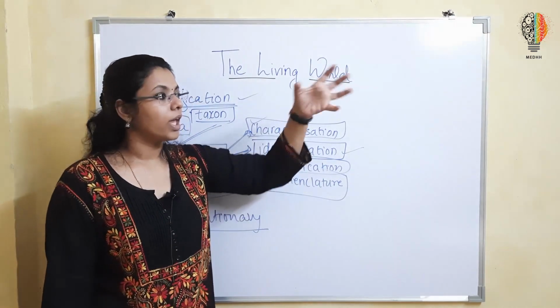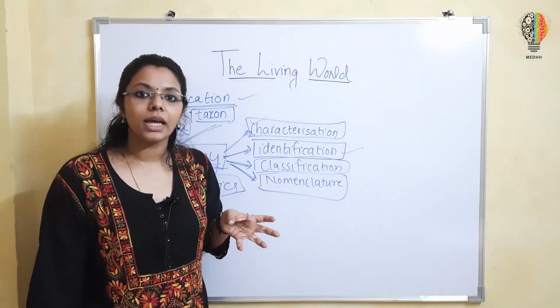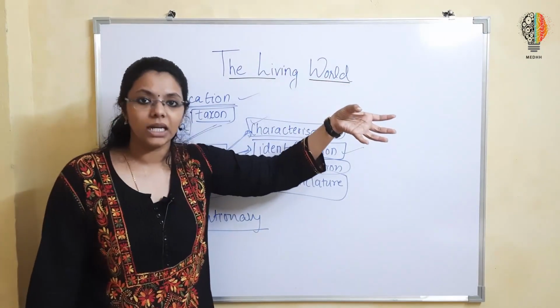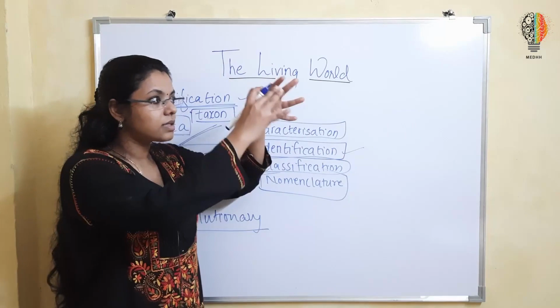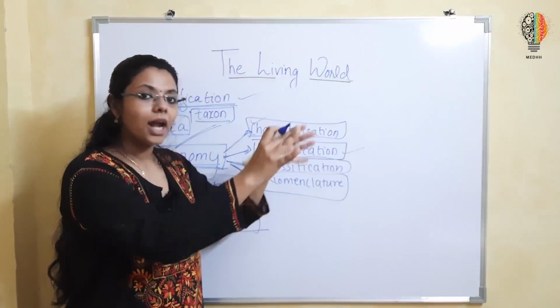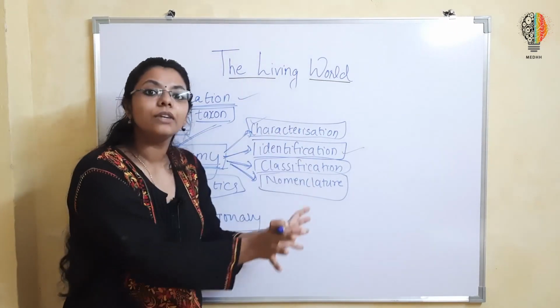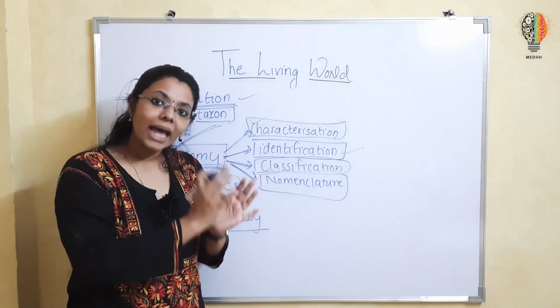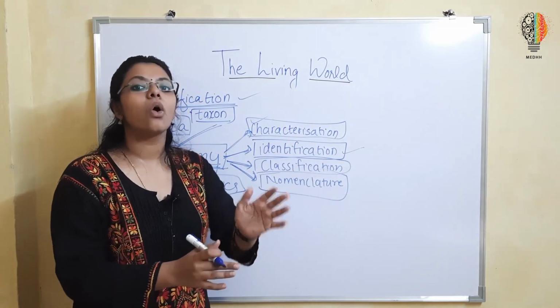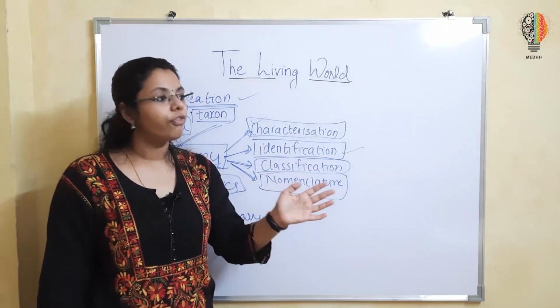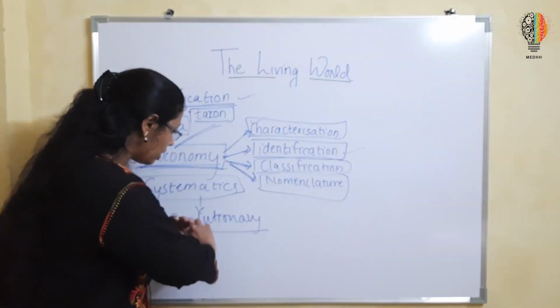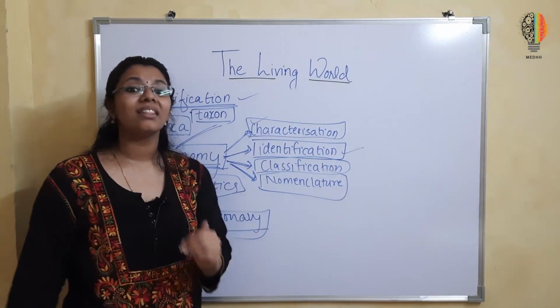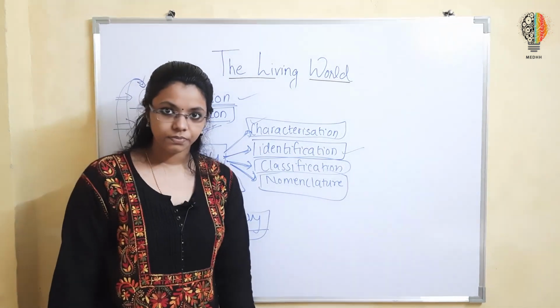Like, from this, XYZ organism has evolved from this animal. There's a total chart which will be seen. We'll study the evolutionary relationship among the organisms, and it really helps a lot in the study of various living organisms if we know from where they have evolved.